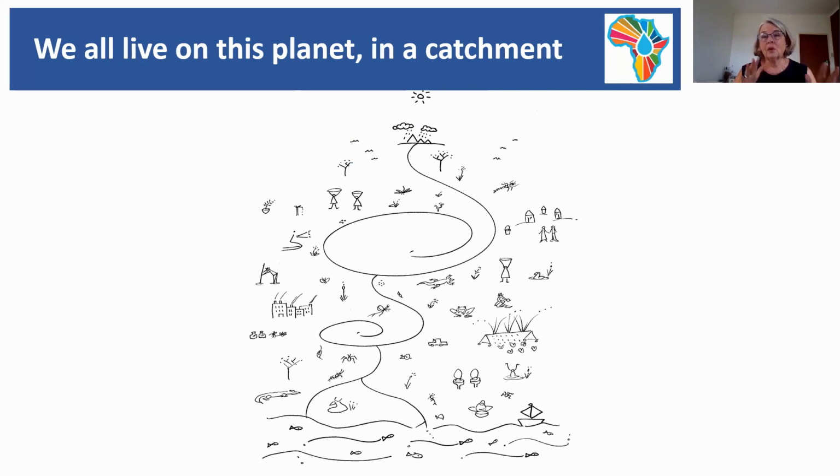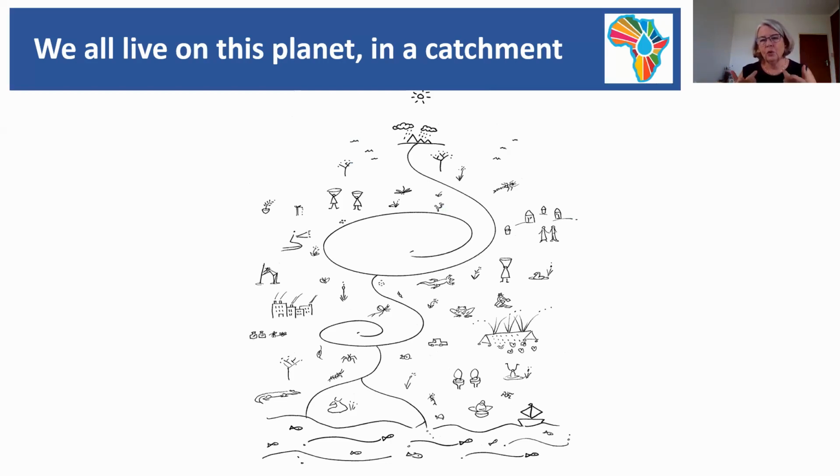like me, you are sitting in a place, and the piece of earth on which you're sitting is in a catchment, in a piece of land on which rain falls and where it seeps down into groundwater, into surface water, and that piece of land is called a catchment.